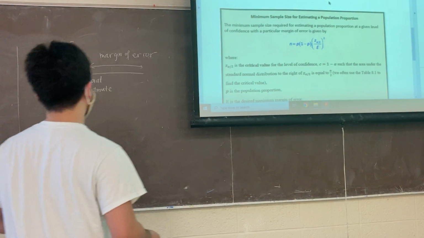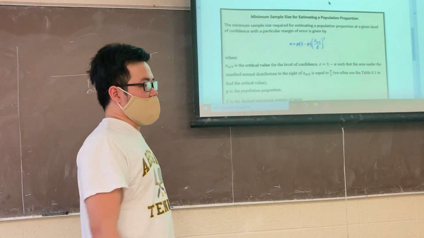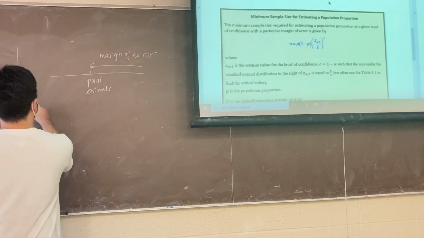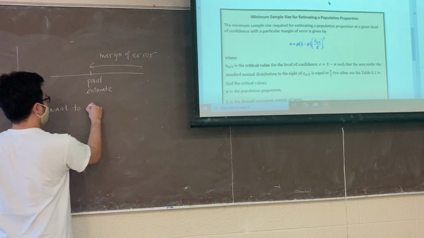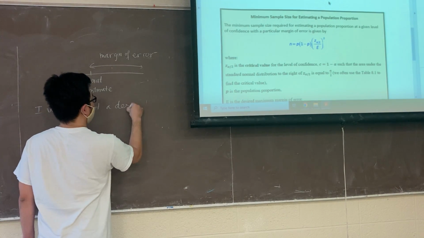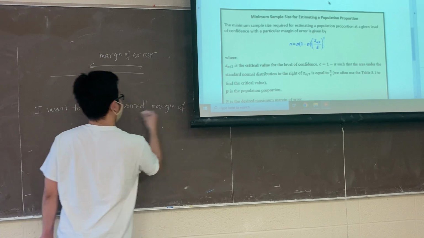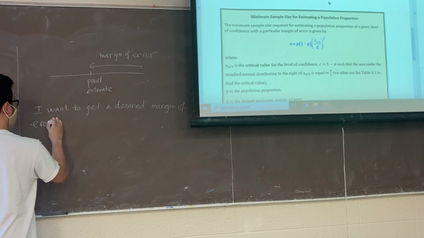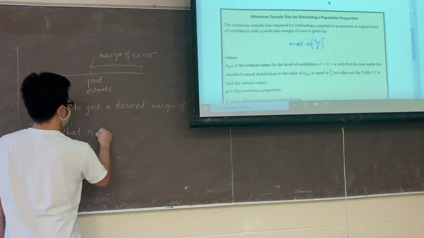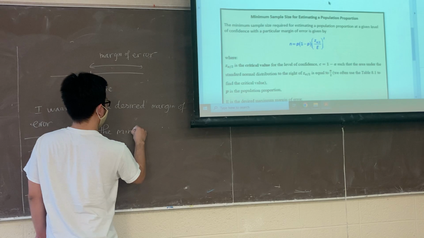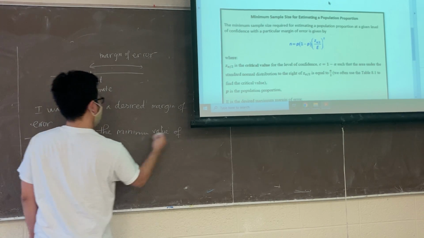So how do we choose the sample size? What is the minimum sample size we need? That's the question. If I want a desired margin of error, what is the minimum value of the sample?